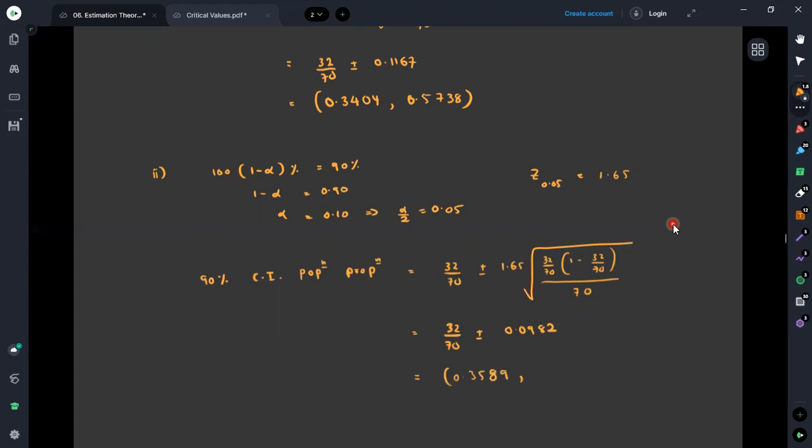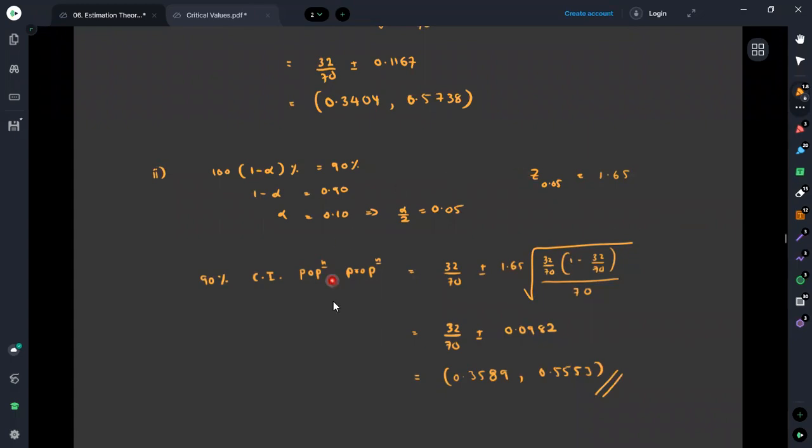It is the lower value. And the upper value can be taken as 0.5553. Therefore, this is what we can take as the 90% confidence interval for the population proportion.